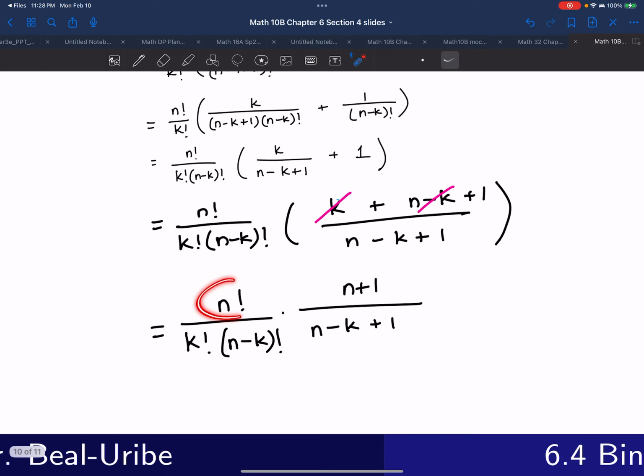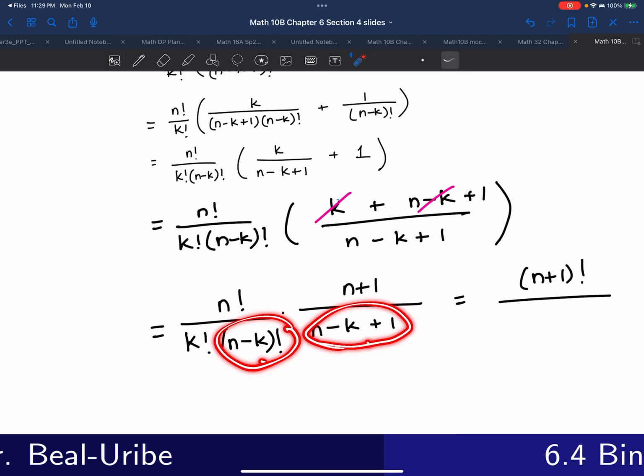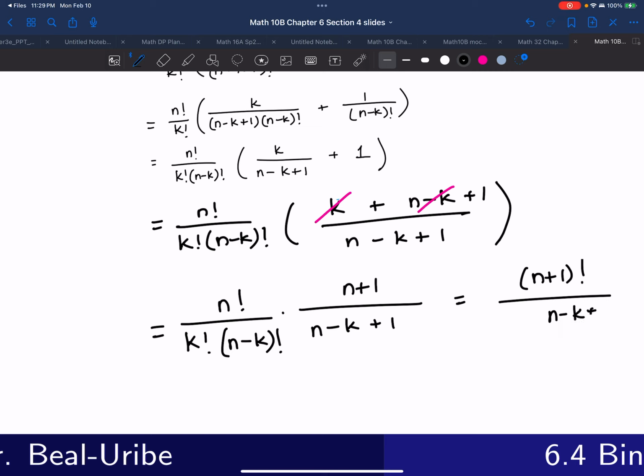Notice that n factorial times n plus 1 is n plus 1 quantity factorial. And then in the denominator, n minus k factorial times n minus k plus 1 is the same as n minus k plus 1 factorial. And I still have that k factorial hanging out. Yeah?